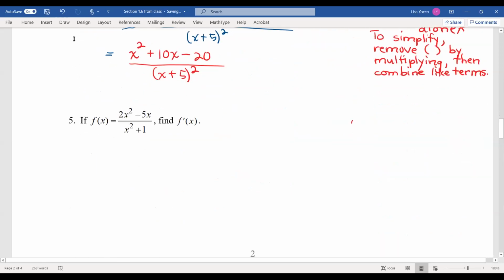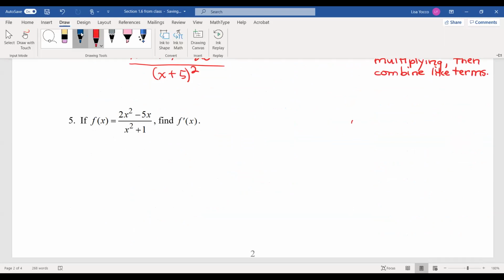Okay, here's another one to practice the quotient rule. So we'll get that started by setting it up.